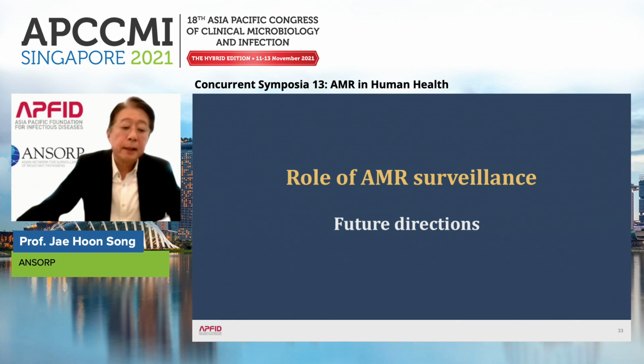So as I presented, we have AMR surveillance programs at global, regional, and national levels. These programs provide useful data and information about AMR, but we can improve the current surveillance programs for more effective control and prevention of AMR.